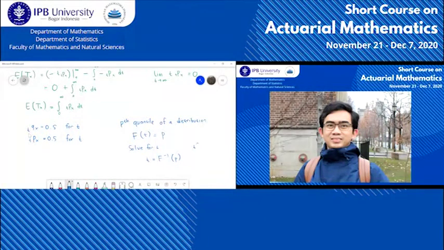Or we have tQx is equal to p, or tPx is equal to 1 minus p.